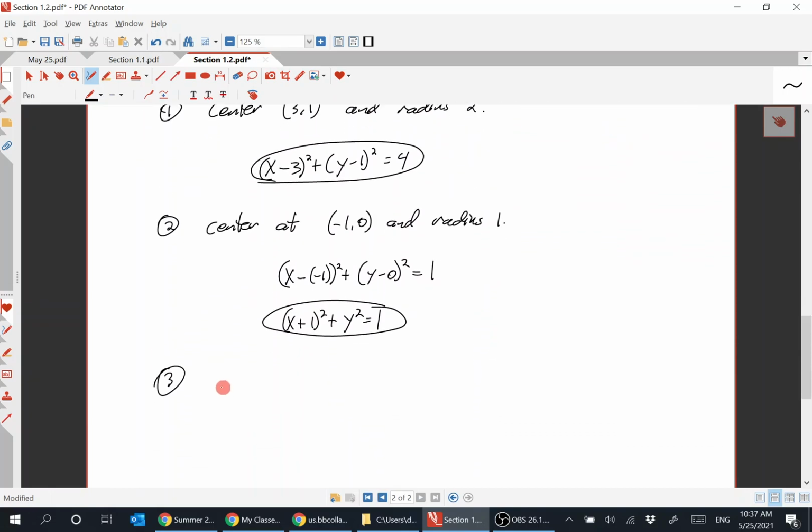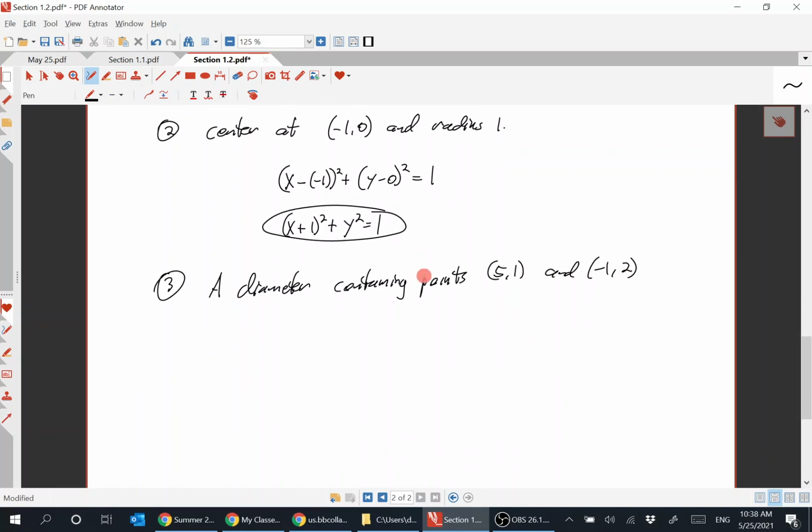The circle with a diameter containing points (5, 1) and (-1, 1).